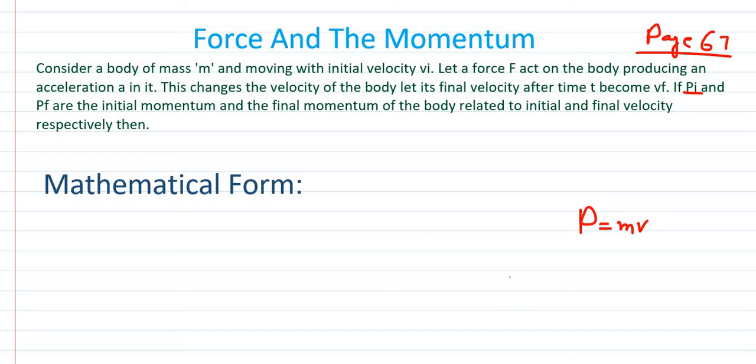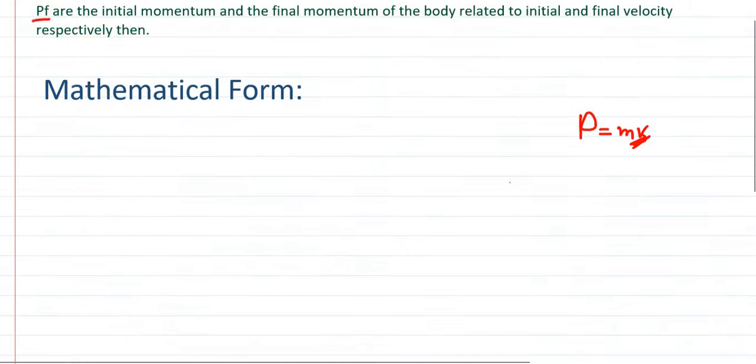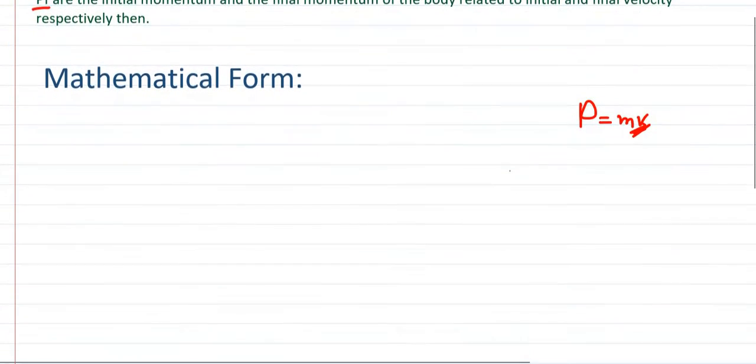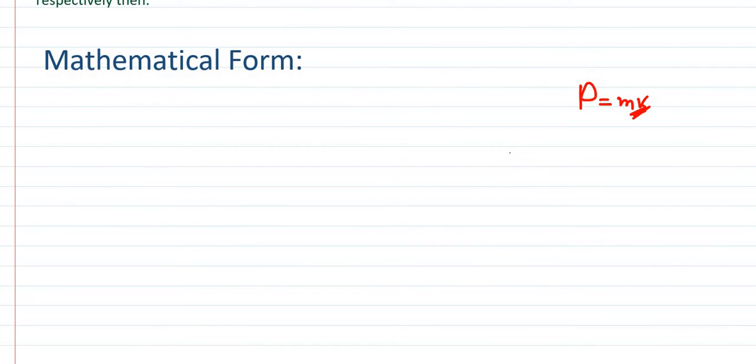As here we are taking initial and final momentum because velocity is changing. When velocity changes, its momentum is also changed. Initial momentum will be equal to mvi.